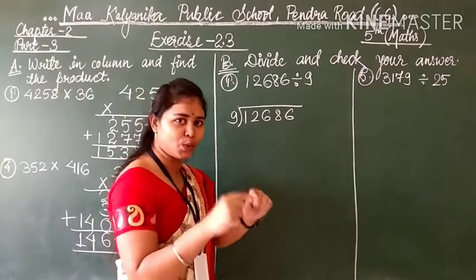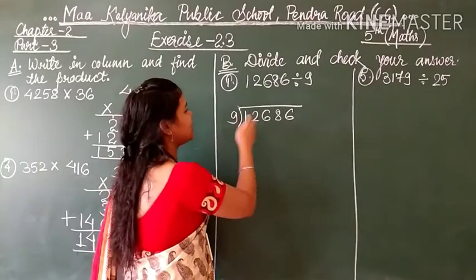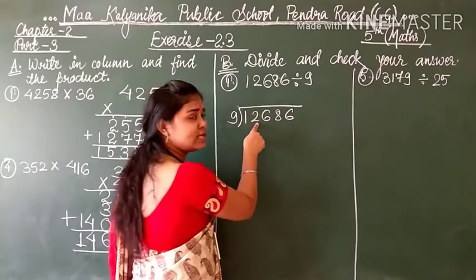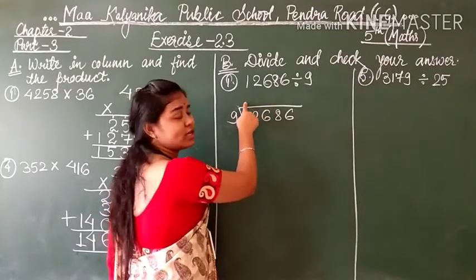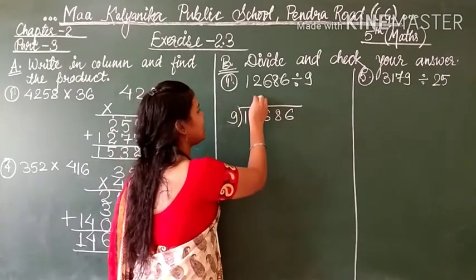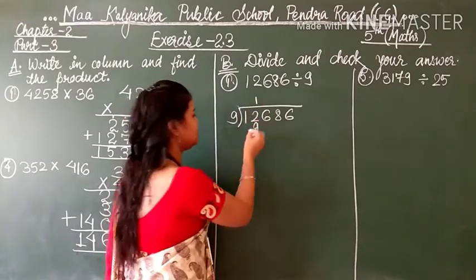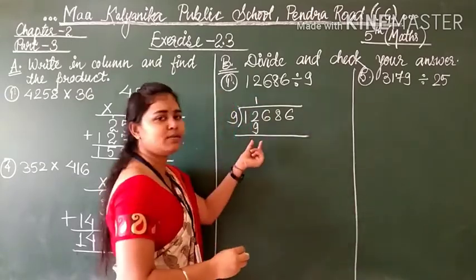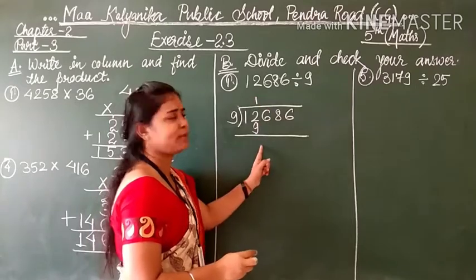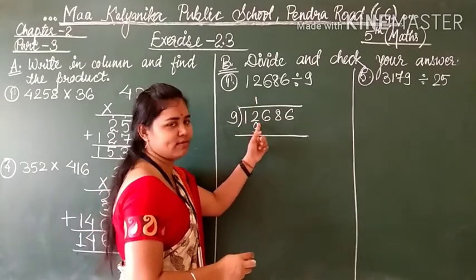You can take an equal number or less than it, not more than it. Okay. So I am writing it over here, not in the first place. So see here, 9 ones are 9, because I am taking 2 digits, so I am writing it over here. Okay. So now after reading the table of 9, 9 ones are 9 here, because 9 twos are 18, which is more than 12.